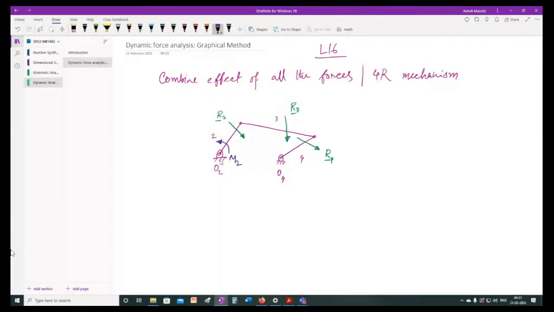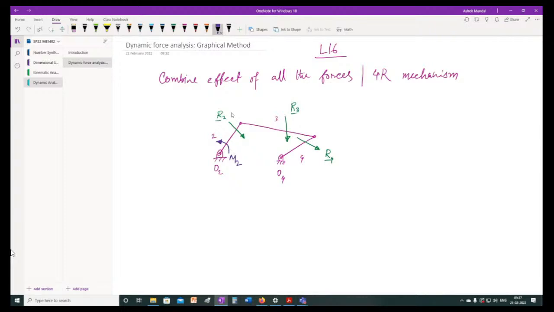Understand the problem. Again, I'm saying that there could be many external forces acting on this link. There could be other moments or torques acting on this link, and there are inertia forces and inertia torques due to the inertia of this link.